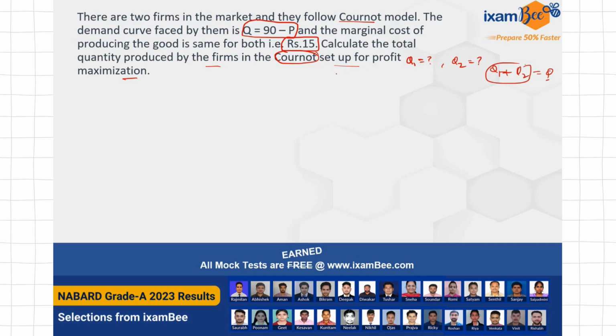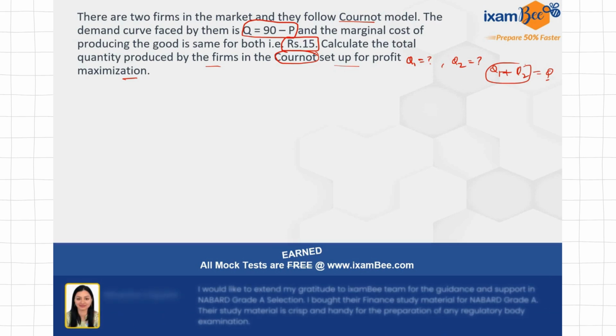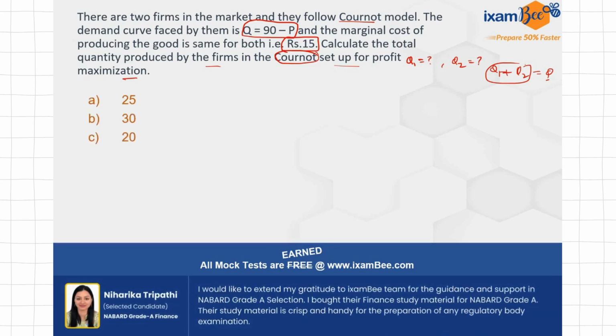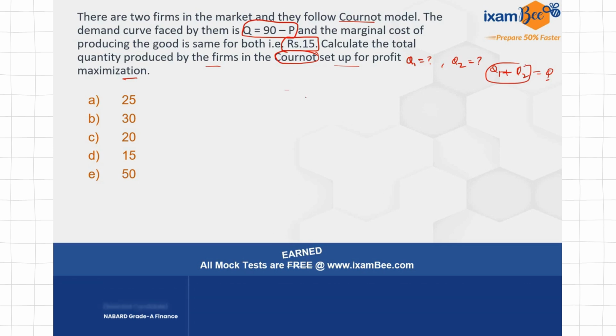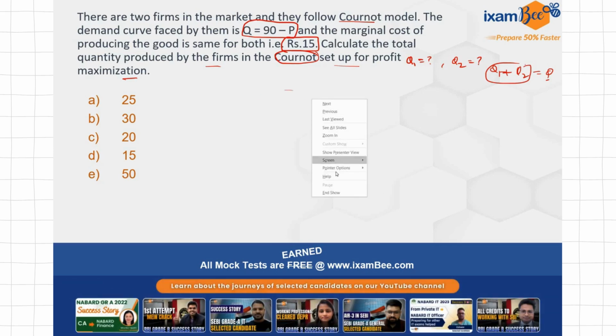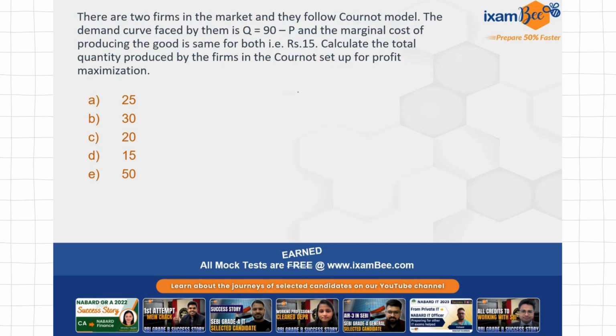The options are 25, 30, 20, 15, 50. If you know how to solve this question, pause this video right now and solve it. If not, then let's solve it together.